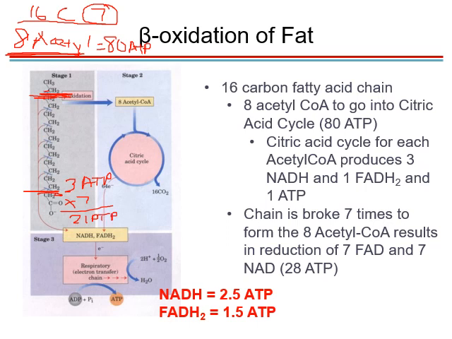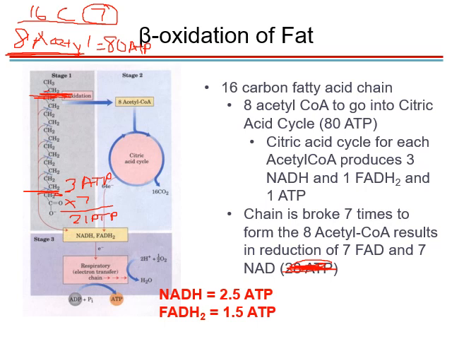I want you to scratch this out, because what I didn't take into account is that through those reactions you had to put in 1 ATP. So instead of getting 4 out, you essentially get 3 out of each cleavage. 3 ATP are produced per each cleavage.